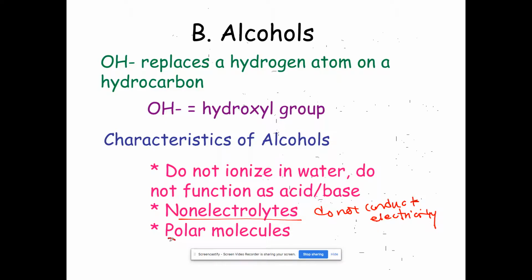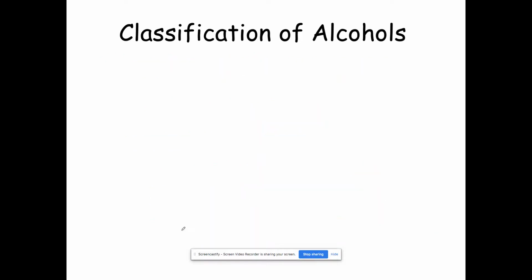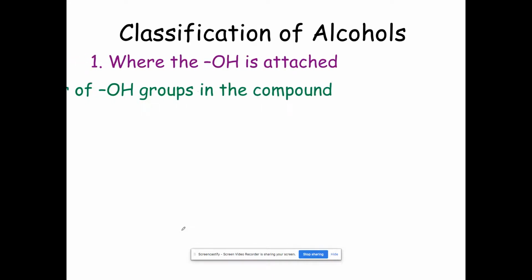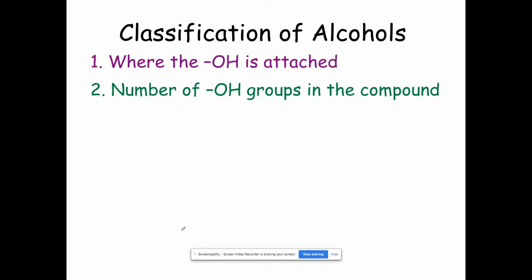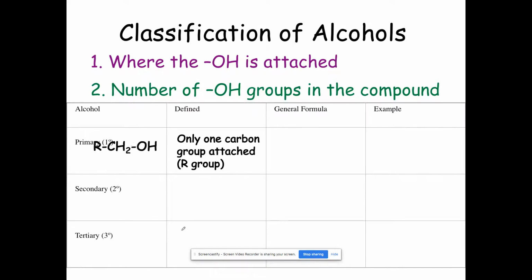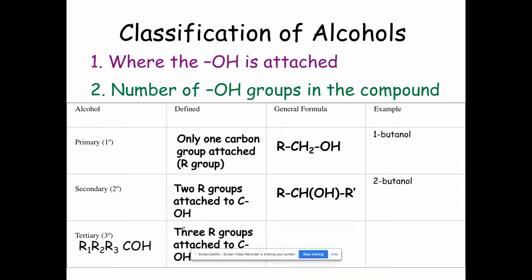Remember, polar molecules are asymmetrical. And that also means that they would dissolve likes, so they would dissolve in water. They should anyway. So this is not on the regions too often, but I'm going to include it anyway. You can classify alcohols by where the hydroxyl is attached and how many are attached. So let me just kind of plow through this and then we can draw.